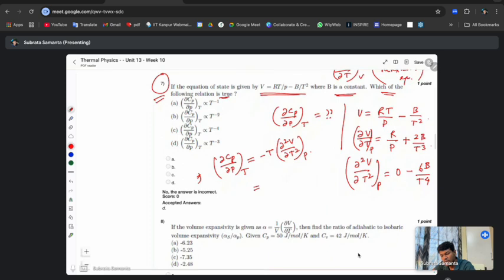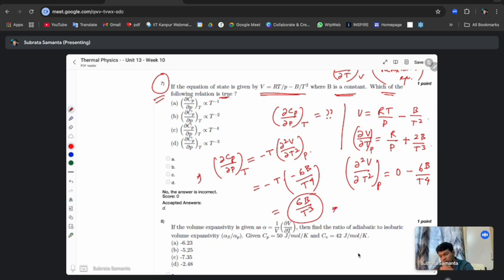So this is minus T times minus 6B over T to the power 4, which is basically 6B times T to the power minus 3. So ∂Cp/∂P is proportional to T to the power minus 3, since 6B are all constant. So ∂Cp/∂P at constant temperature is proportional to T to the power minus 3. So the option D is correct.